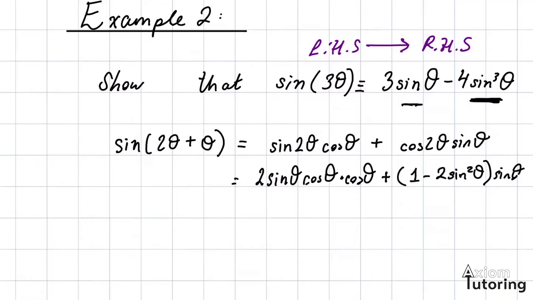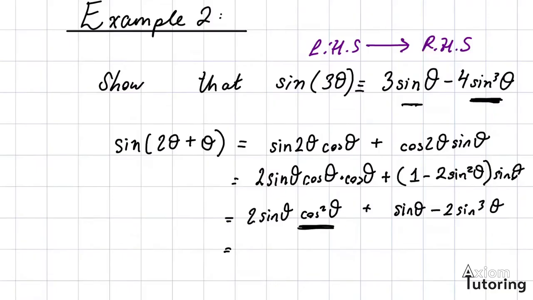So now we can expand everything here and simplify a little bit. So we can write 2 sine theta cos squared theta plus sine theta minus 2 sine cubed theta. Okay, and we know from before cos squared theta, we can again use our sine squared x plus cos squared x equals 1. So we can rewrite that in terms of sine, 1 minus sine squared theta, plus sine theta minus 2 sine cubed theta.